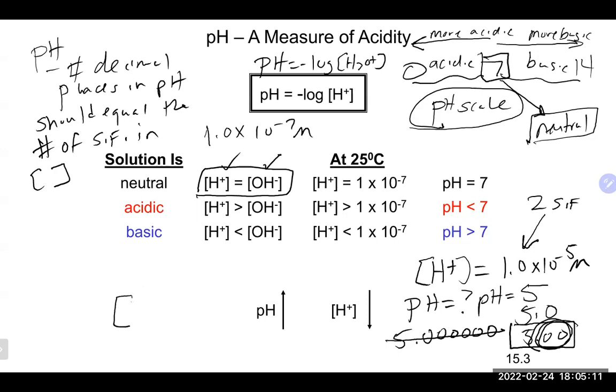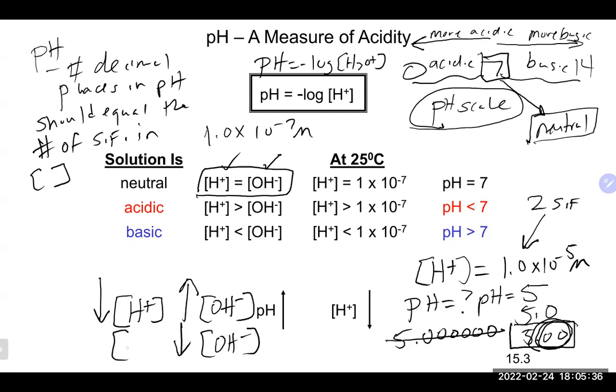And that is because H plus concentration and OH minus concentration are really tied to one another through KW, and they're inversely related to each other, which means as the OH minus concentration goes up, the H plus concentration goes down, and vice versa. As the OH minus concentration goes down, the H plus concentration will go up.